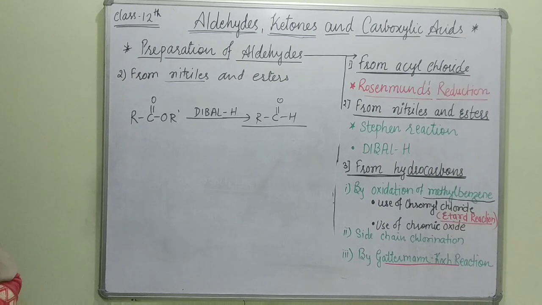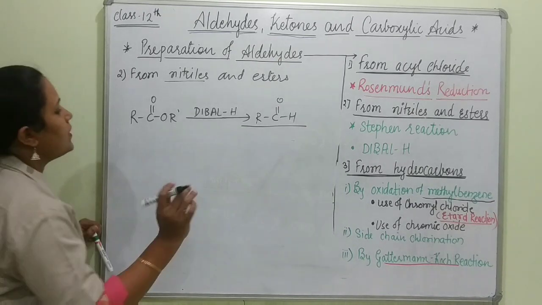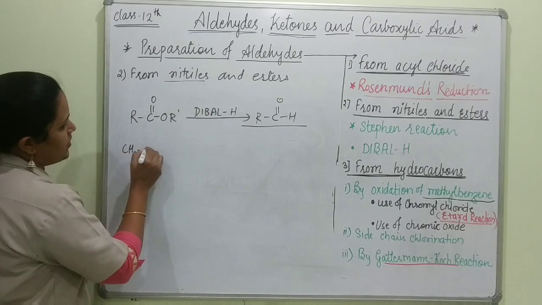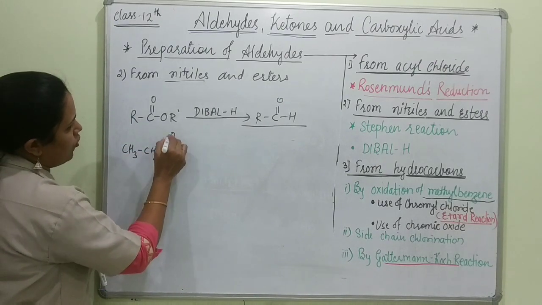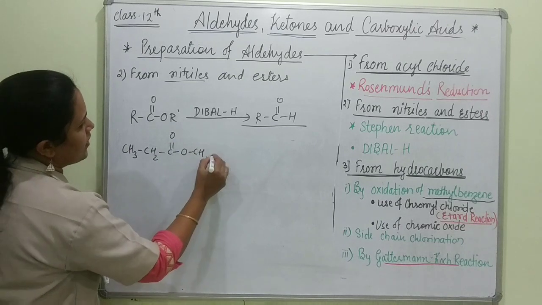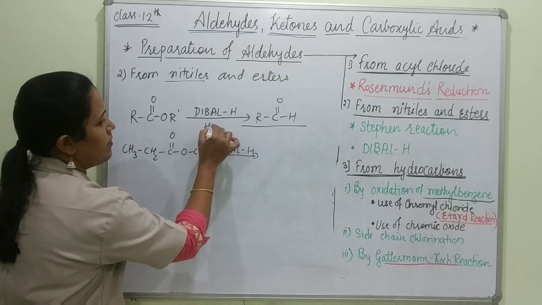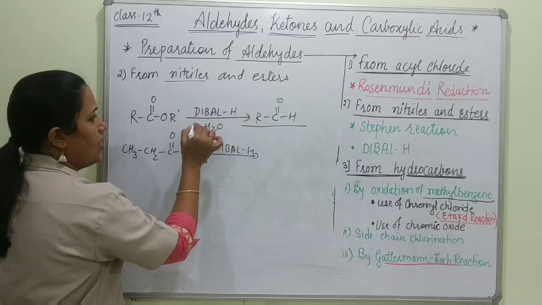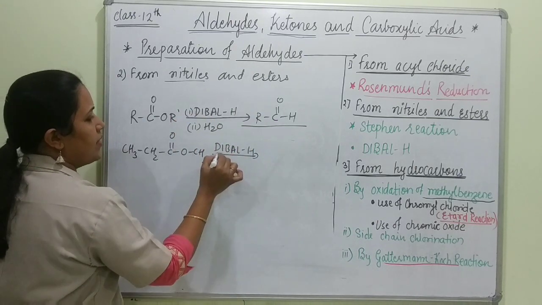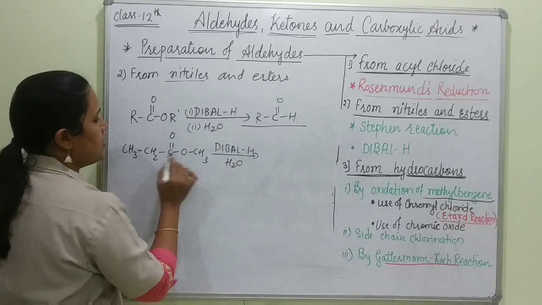Now let me take one example here. If I have CH3CH2C=O OCH3 in the presence of DIBAL-H, and at the same time hydrolysis, without hydrolysis we cannot get this, so here we will write hydrolysis.